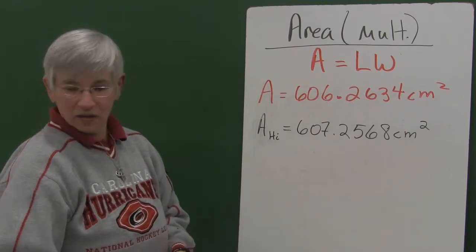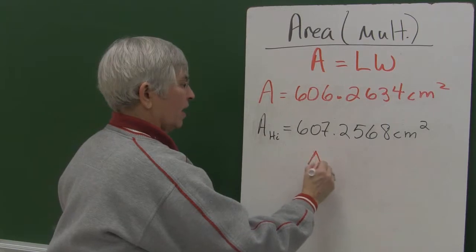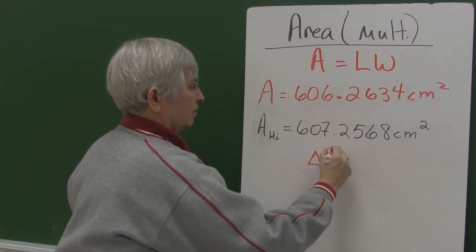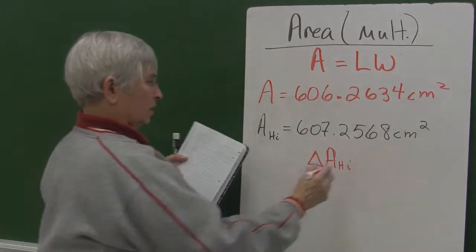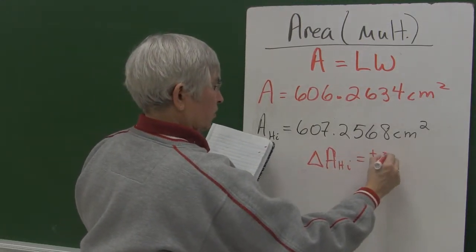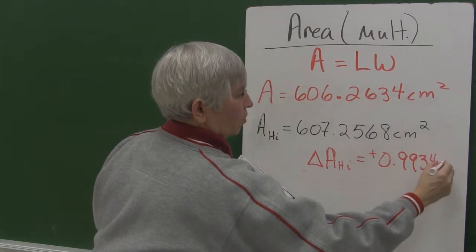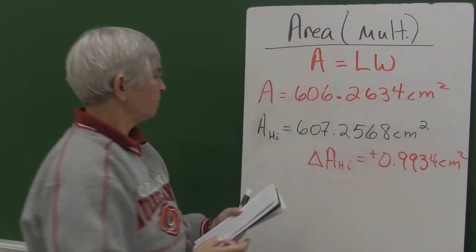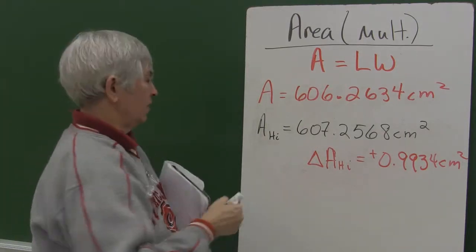In fact, in looking at the deviation, I'm going to call this delta A high, and it deviated by an amount 0.9934 centimeters squared. Similarly, I can look at the deviation for the low end of things.